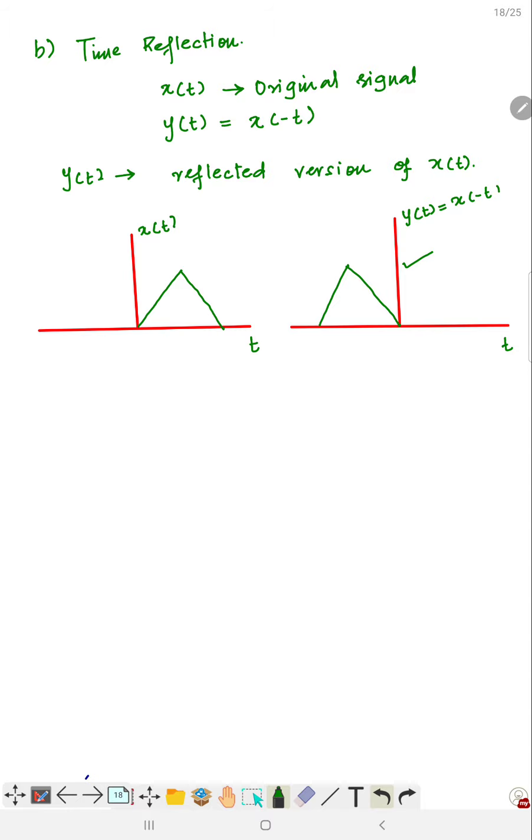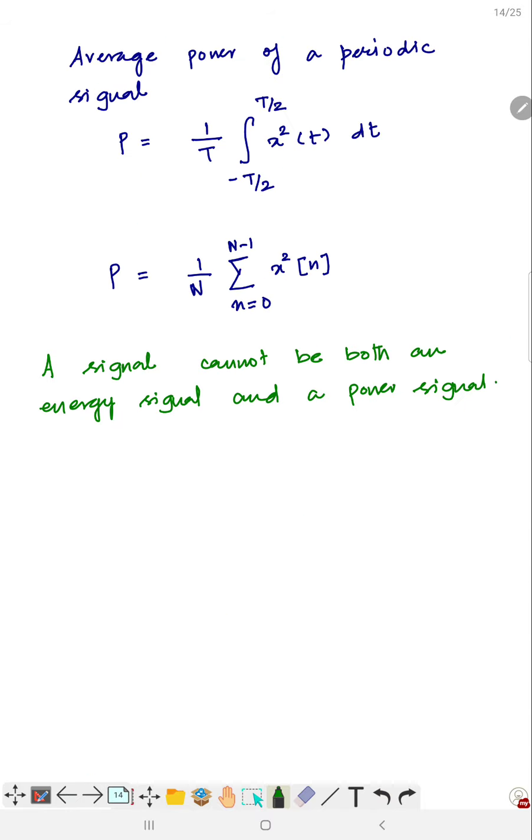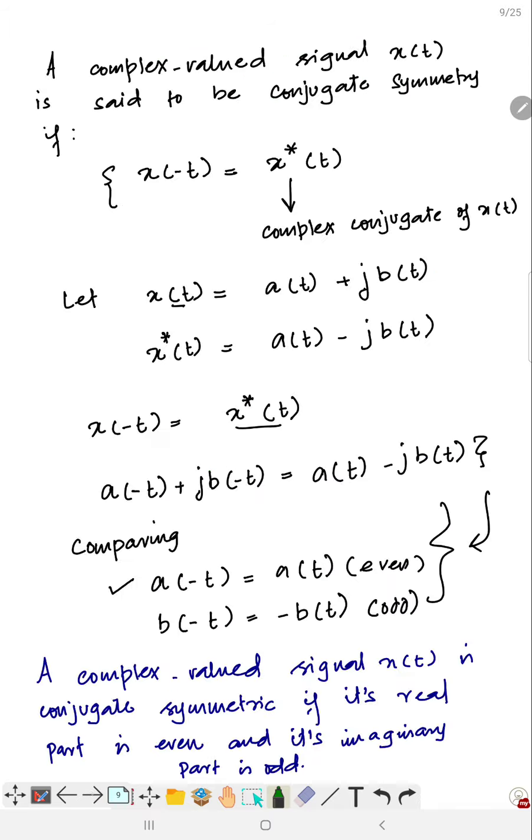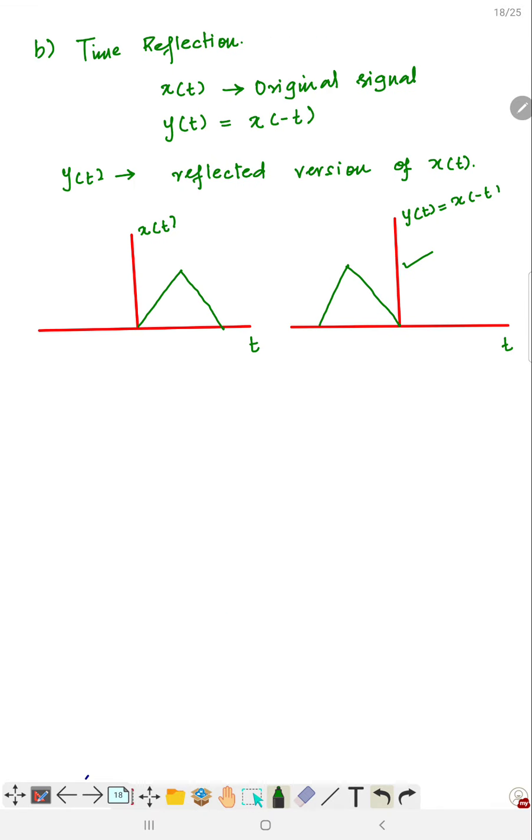Now in our classification, if you remember, we classified signals based on symmetry as even signals and odd signals. So you know that even signals follow the property that x of t is equal to x of minus t, and for odd signals, x of minus t is equal to minus x of t.